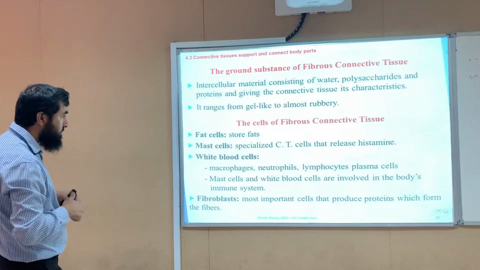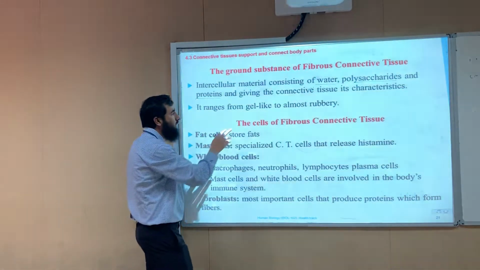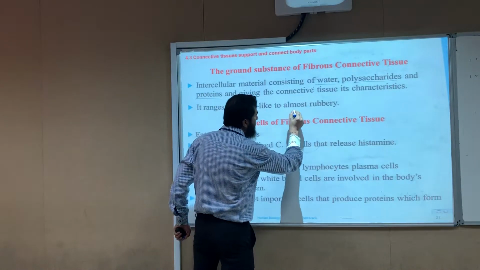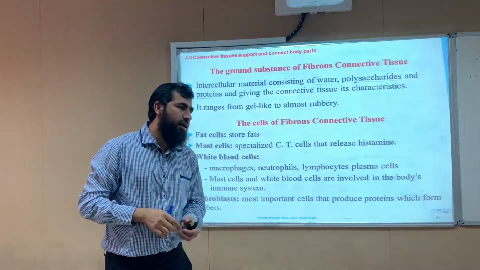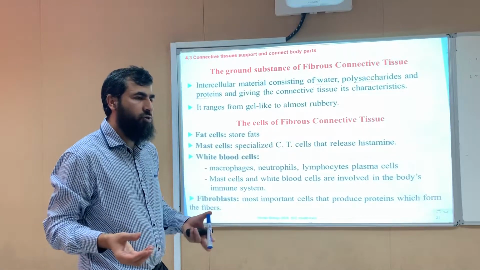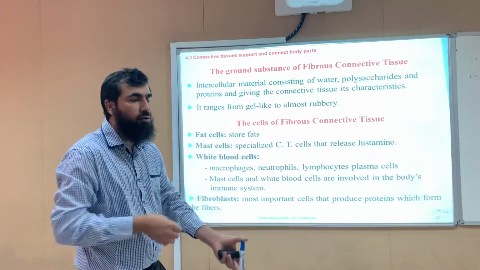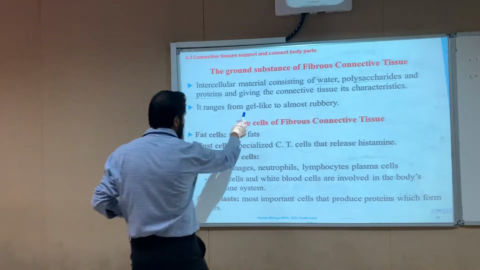In terms of fibrous connective tissue, we have two consistencies, one gel-like or one rubbery. We find a gel-like consistency in loose fibrous connective tissue, like loose areolar, which is more jelly-like.